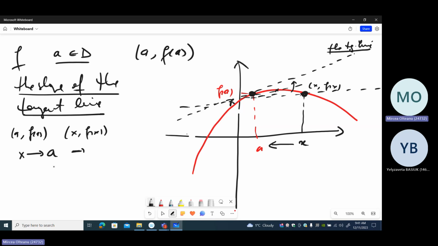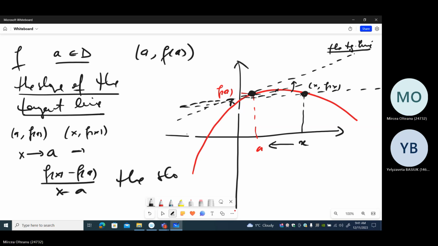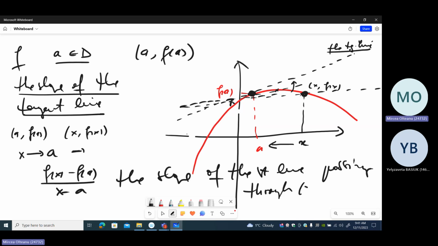Now, what is the slope of the straight line which passes through these 2 points? We have a formula: f of x minus f of a over x minus a. This is the slope of the straight line passing through the points of coordinates x, f of x, and a, f of a.